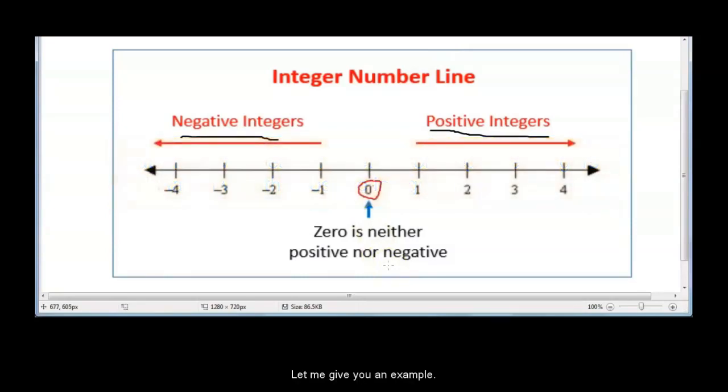Let me give you an example. If P is equal to a set of numbers, say 3, minus 2, minus 1, 0, 5.